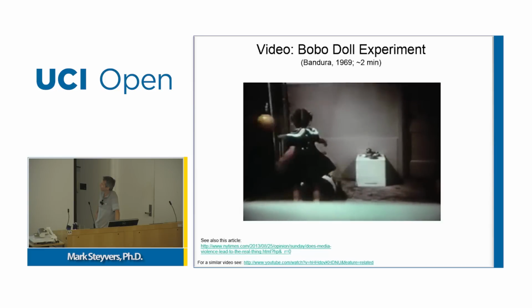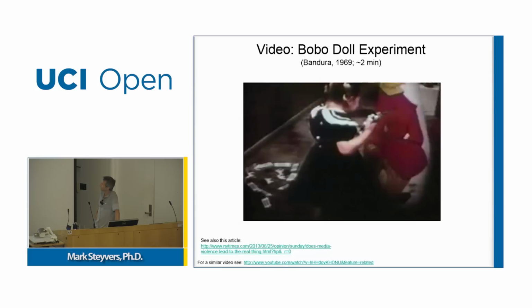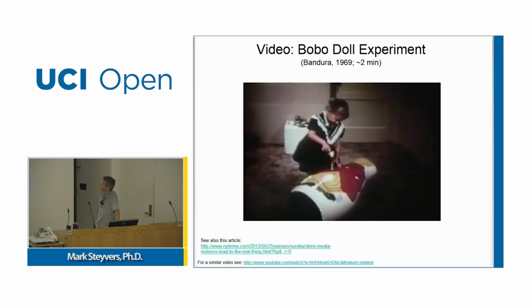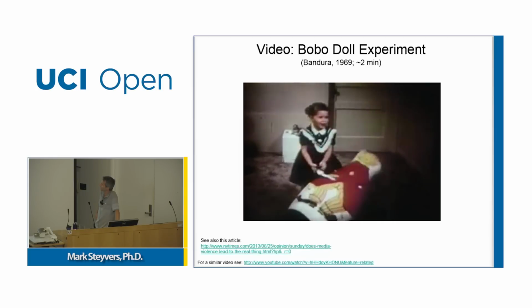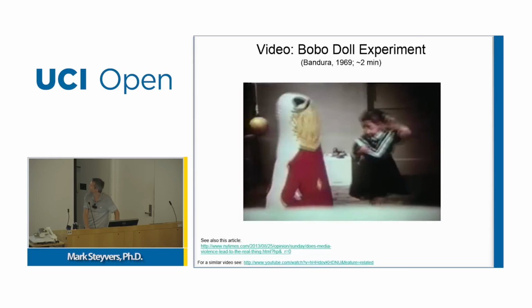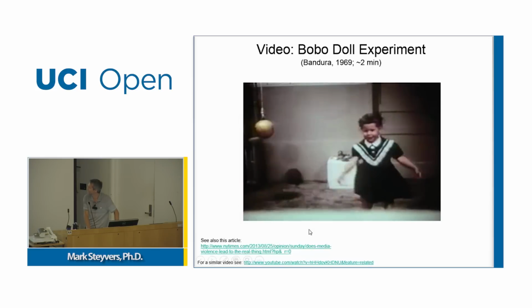Now the object of interest was the novel aggressive acts, not punching the doll. The children in the control group who had no exposure to the aggressive object never exhibited the novel forms of aggression. Here's a creative embellishment that always has the weapon of assault.